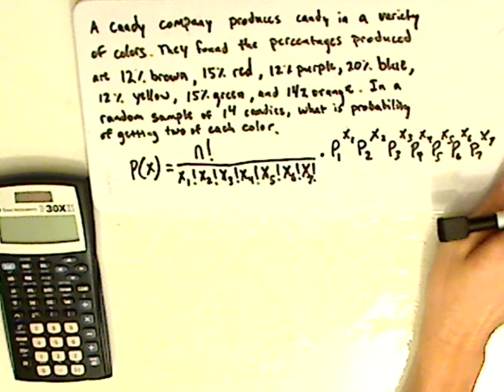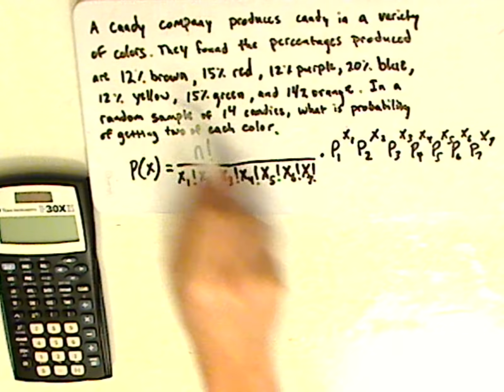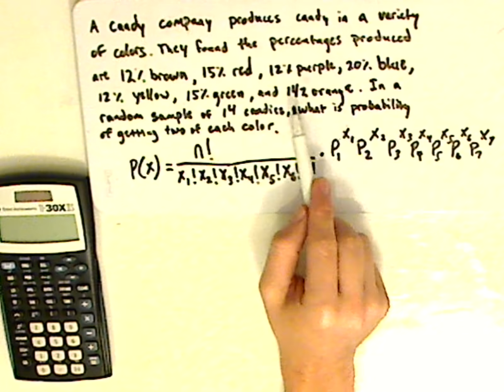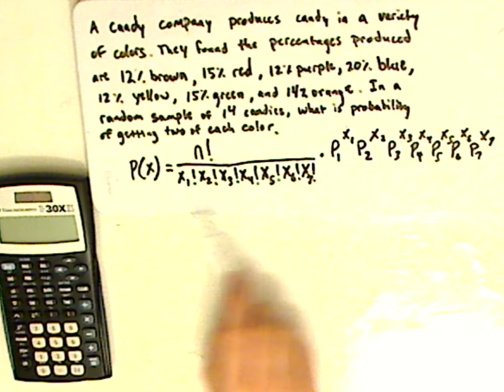So that's your formula, and it's going to vary depending upon the number of categories. If I had more categories, I would have more of these.